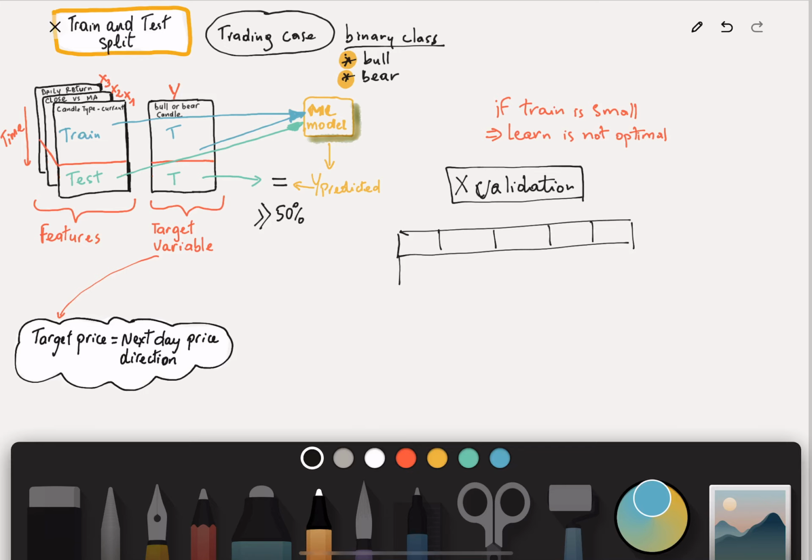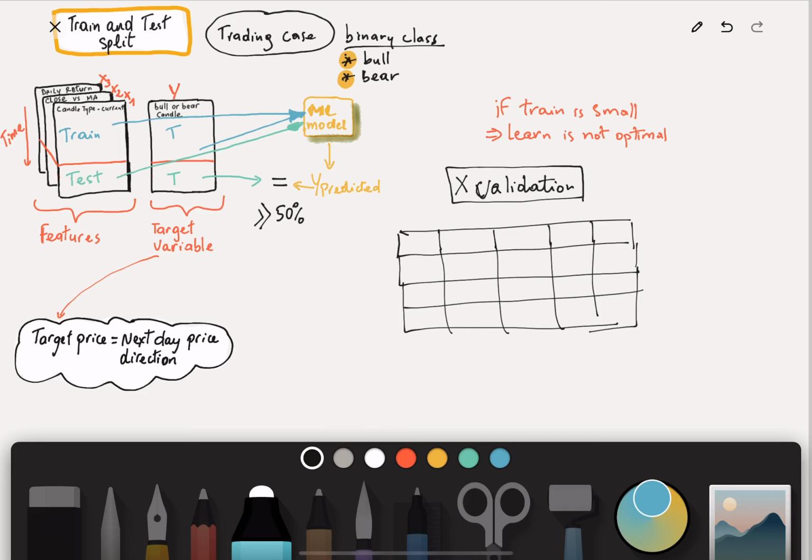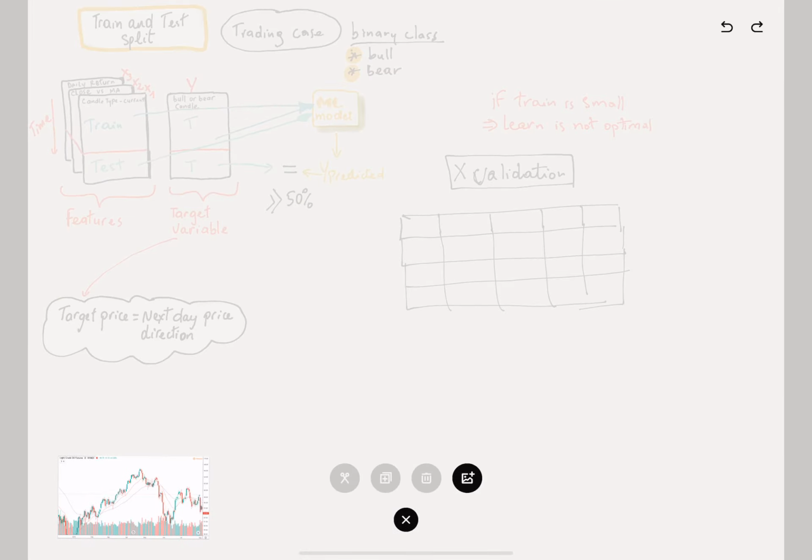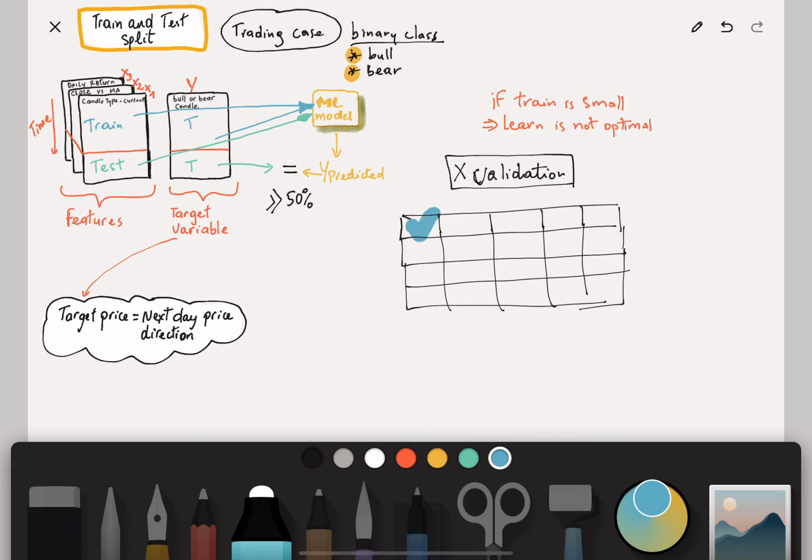So what you can do, for example, let's say for cross validation, you can say, okay, I'm going to train the model on 66% of the data and test it on some other 30%.